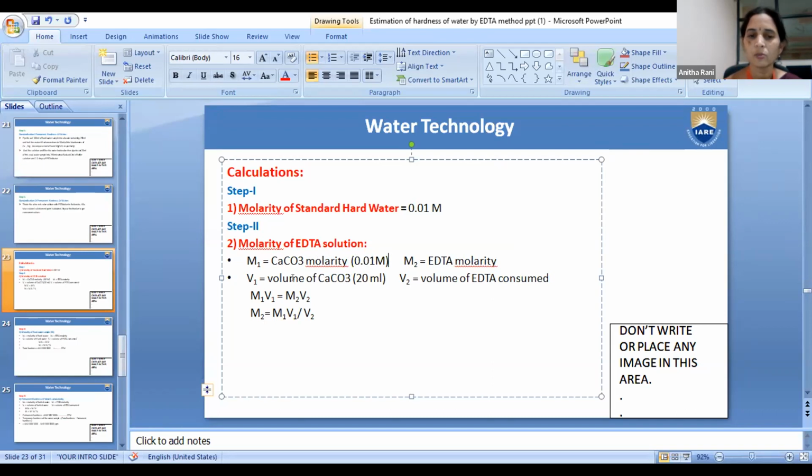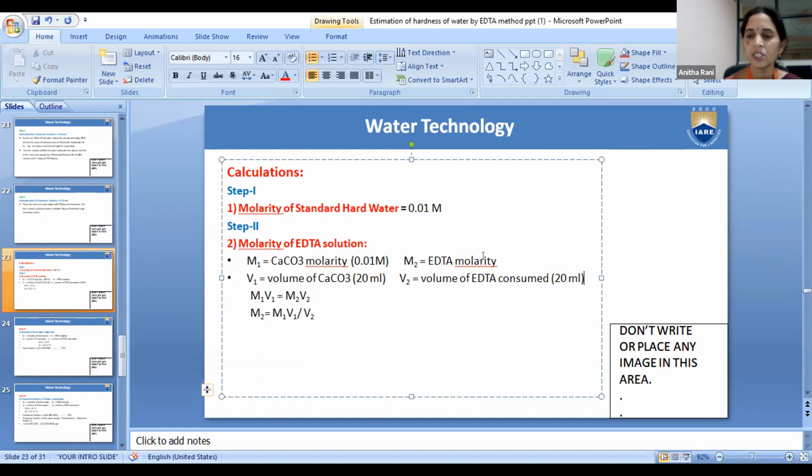Volume of calcium carbonate we have taken in conical flask, in the second step of the procedure, 20 ml. So what is V2? Volume of EDTA consumed. How much volume of EDTA consumed? For example, 20 ml or 21 ml, the volume of EDTA consumed when we have done the titration.